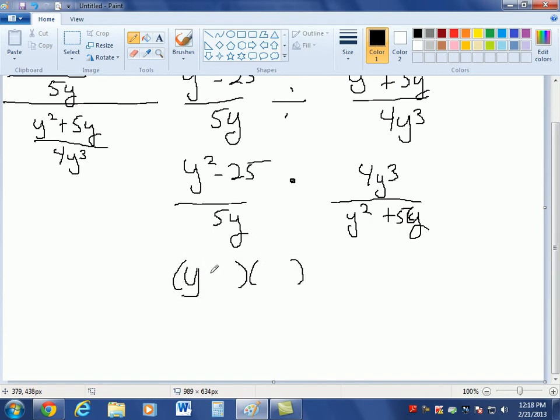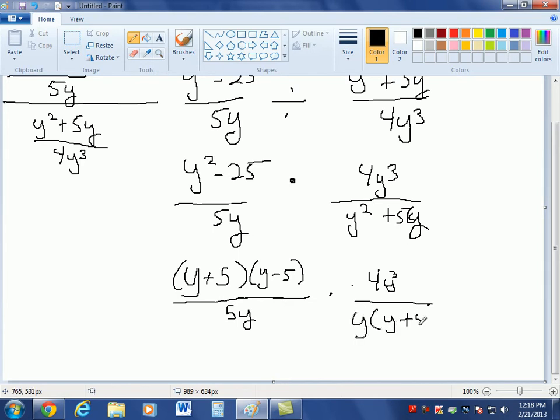There we go, the difference of squares pattern. This is y squared minus 5 squared, so it becomes y plus 5 times y minus 5. 5y, not much we can do with that. 4y cubed, not much we can do with that. y squared plus 5y, what can that become? y times the quantity y plus 5.